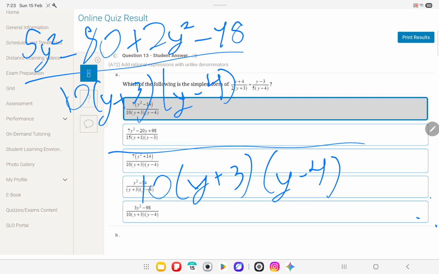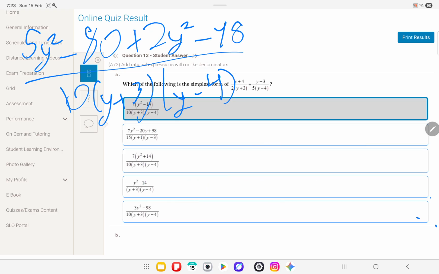Yalla, let's simplify. 5y squared plus 2y squared is 7y squared, and negative 80 minus 18 is negative 98. So 7y squared minus 98, they both have a common factor, which we can take out, which is 7.